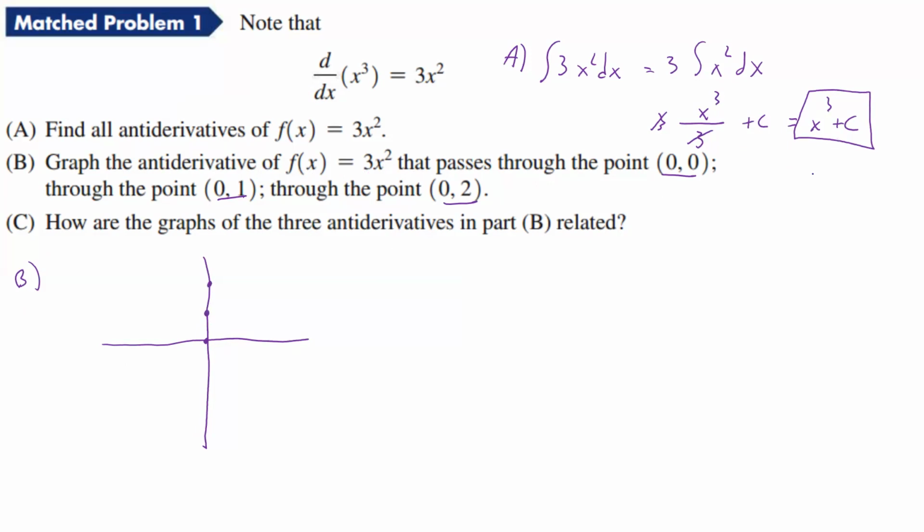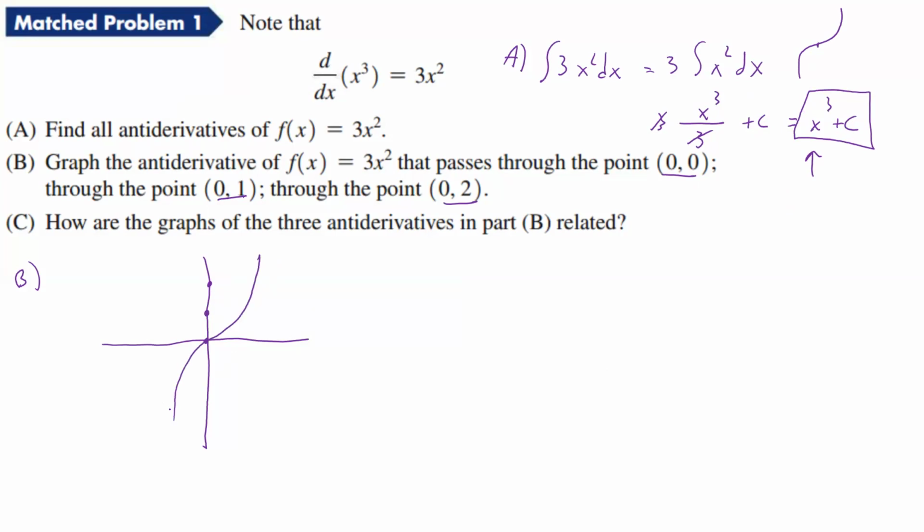Now, what do we know about the function x cubed? Well, x cubed is going to look something like that. We need to make this point go through those points, so we're going to have 3 x cubed graphs that go through each of those points. It's going to be something like that.